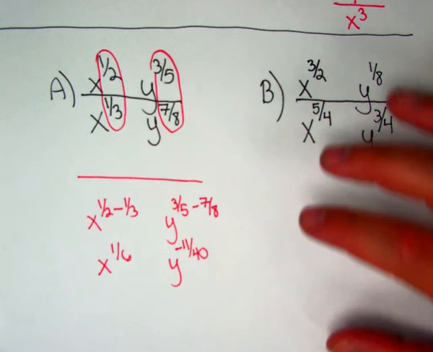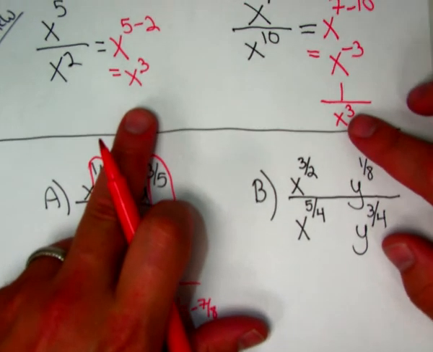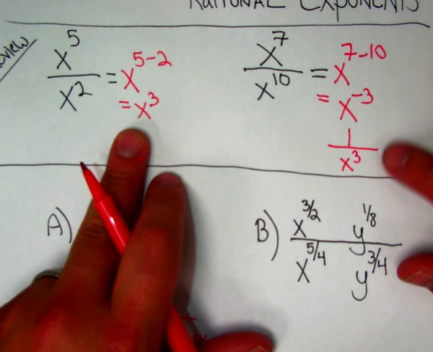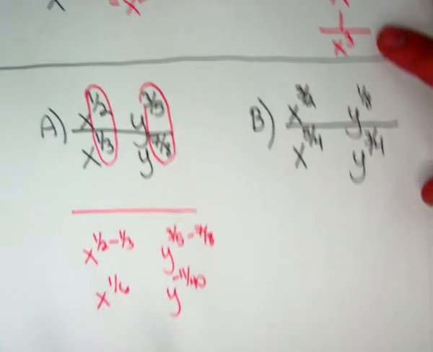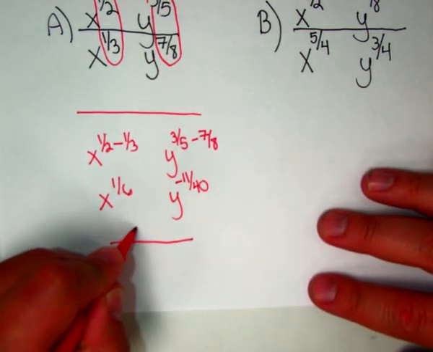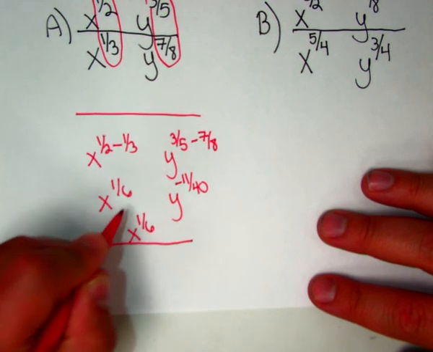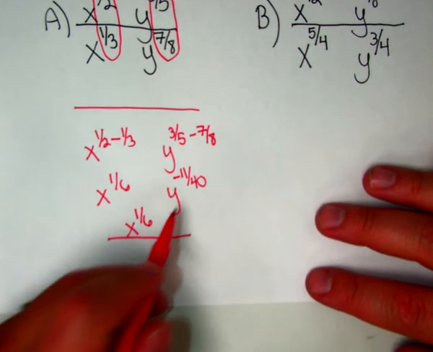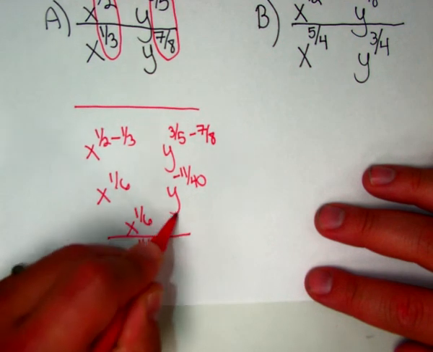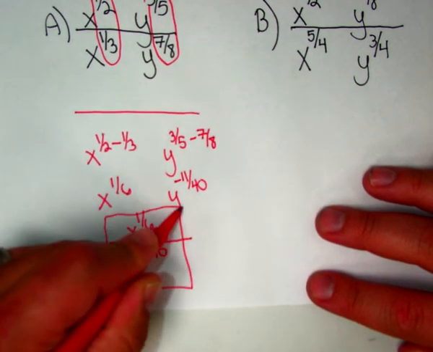Now, applying the two rules that we had up here, when we have a positive, it stays where it's at. When we had a negative, it gets moved down to the bottom. So the same holds true for this. We're going to have x to the 1/6. Because it's positive, it's going to stay where it is. But for the y, since it's negative, we're going to move it down and make it positive on the bottom. And that's your simplified answer.